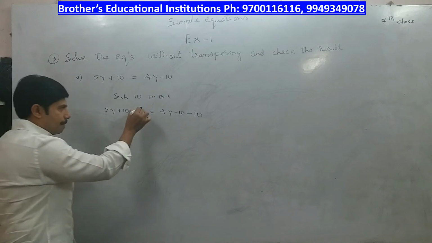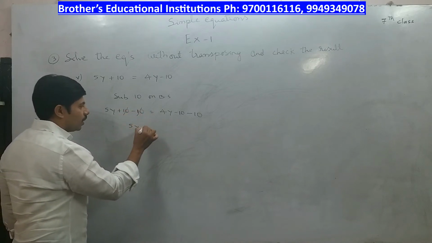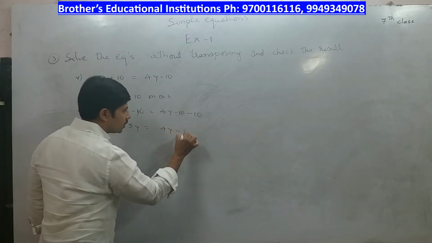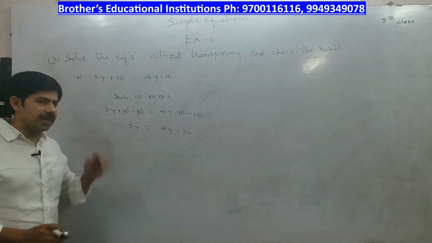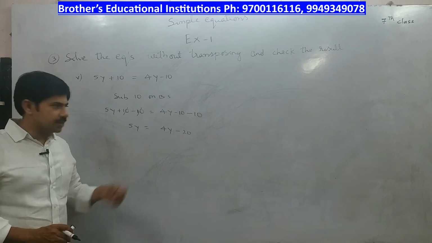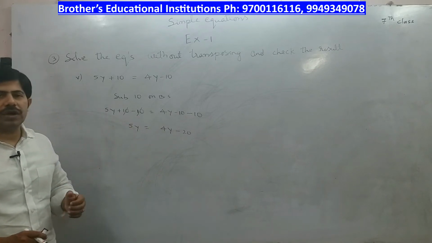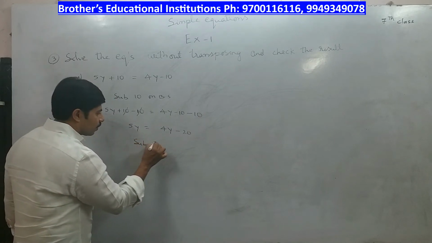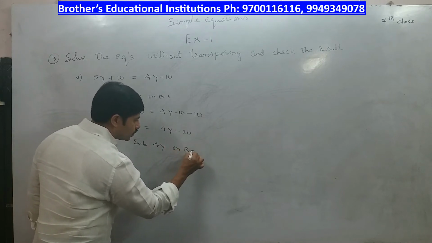So now minus 10 plus 10 cancels. So we get 5y is equal to 4y minus 20. See, we eliminated the constant on LHS. After that, already we have y in LHS. Now I'll eliminate 4y. In order to eliminate 4y, I'll subtract 4y on both sides.